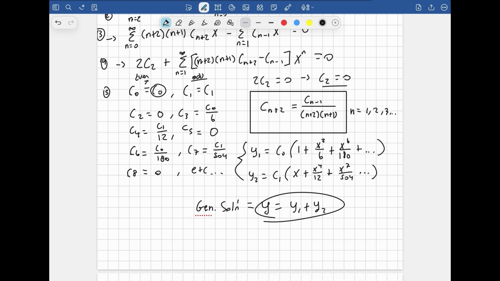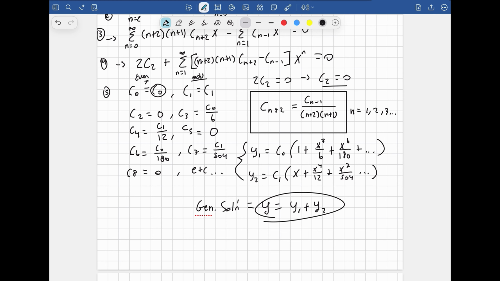Every coefficient goes with a different power of x, if you think about it that way. So c4 is going to be x to the 4th right here, and c6 right here is going to be x to the 6th right there. It just corresponds to the power of x.